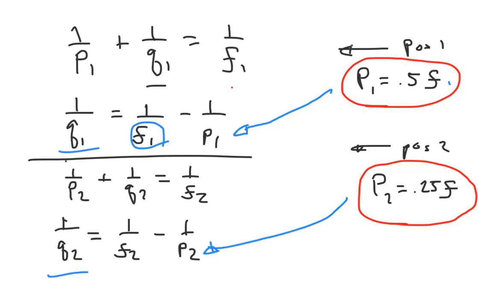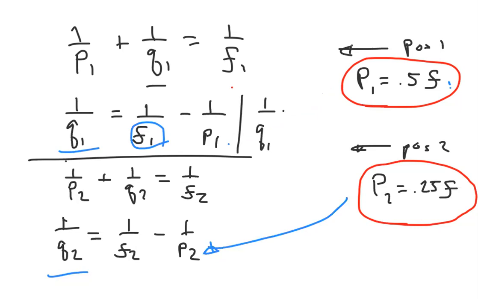Essentially we were given P1 in terms of F. So we don't need F, right? Because we were given P in terms of F. So we're going to be able to do the subtraction here. Does that make sense? Because they're going to have the same variable in it. It's essentially 1 over F minus 1 over 0.5F. Is everyone comfortable with what just happened?